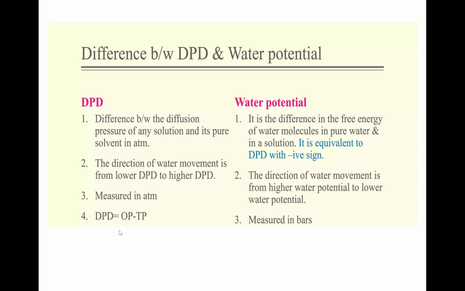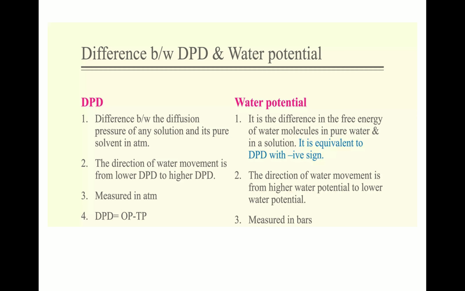So we got the DPD value for A type cell is 6. And let's check with the B cell, wherein OP is 10 and turgor pressure is 7. How much value did you get? You got a value of 3.